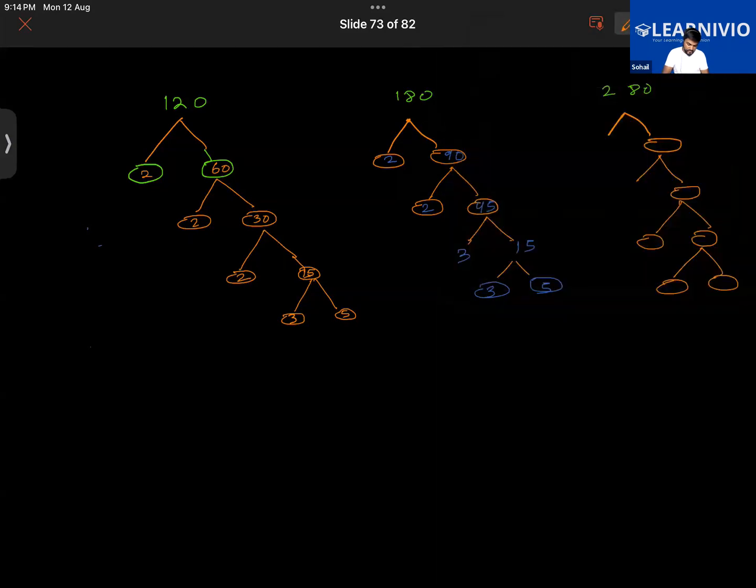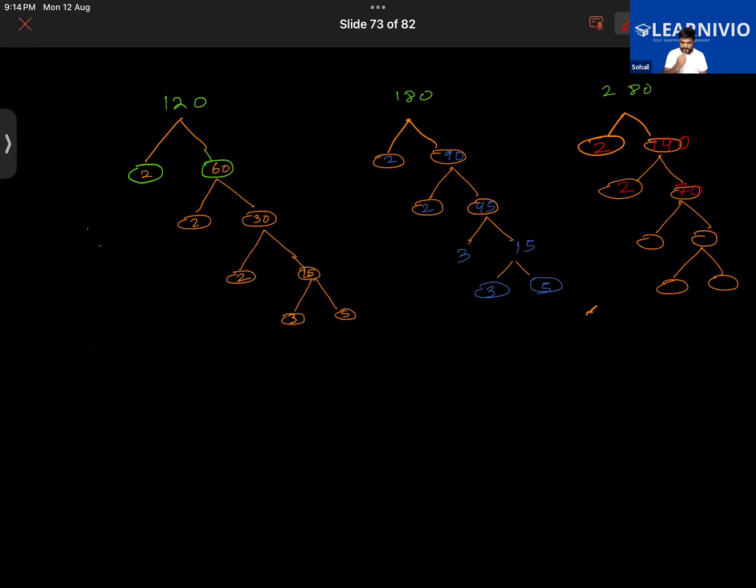Next, answer this one quickly. I didn't quite understand 280. For that, I did 2 multiplied by 140. Good. And then for 140, I did 2 multiplied by 70. 2 70s are 140.